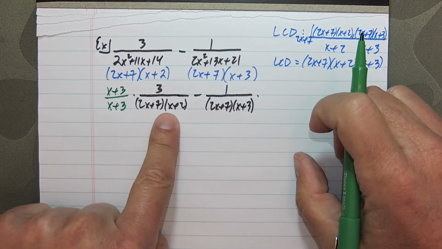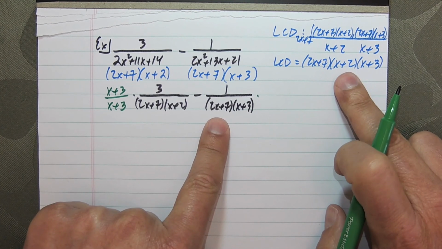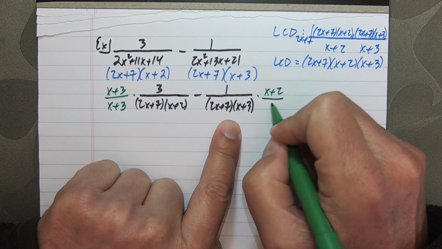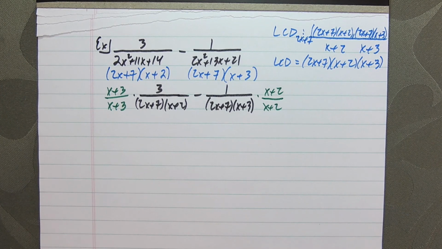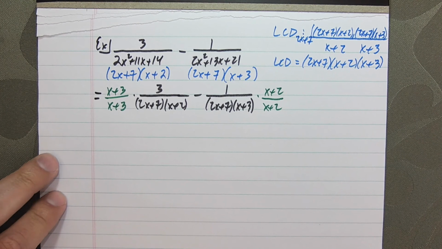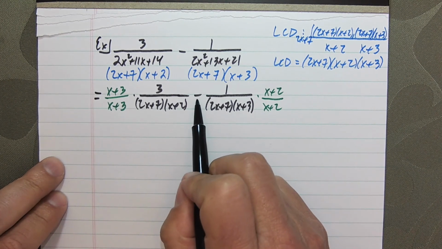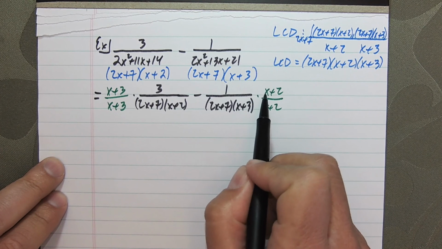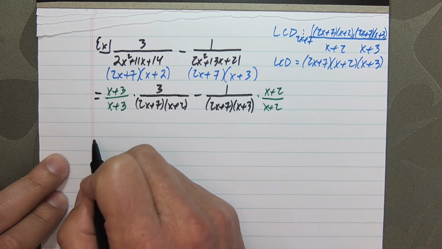So, do you see I'm missing the x plus 2 here? That's what's missing from here to here is the x plus 2. Yeah. So. Now, I want to really caution you guys. Do you see the minus here? That means I have to distribute that -1 to both of these. So I'm going to write it out accordingly.